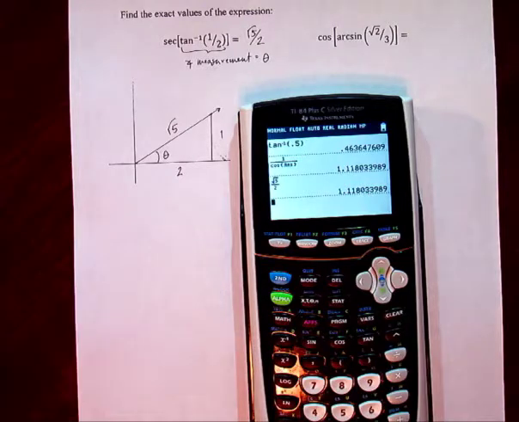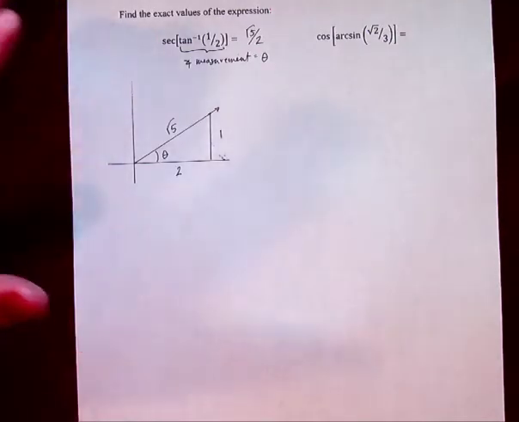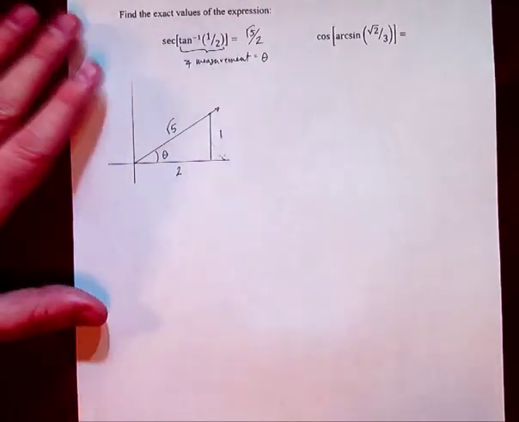Boom, there you go. Okay, the only thing that you need to be very, very careful about is putting it in the correct quadrant so that you get the correct sign, the correct positiveness or negativeness for your answer, okay?